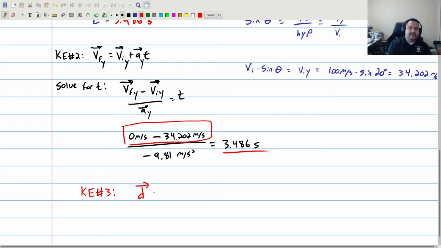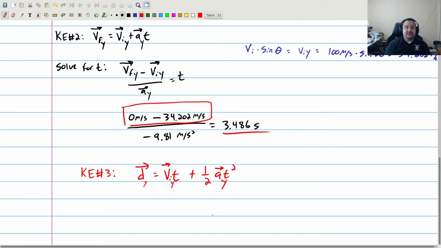d vector equals v initial vector times t plus 1/2 a t squared. a is a vector as well. Remember, on each of these vectors, I want the distance in the y direction, so I'm going to put y's on each of these as well. All I need to do is plug in numbers here, and this is going to get a little bit long, but it's all right.